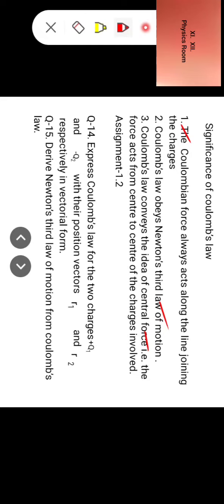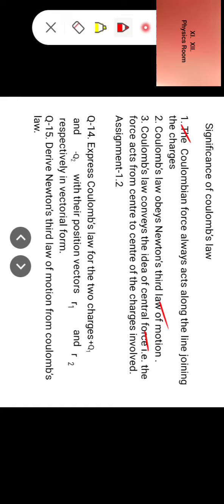These three points you have to mention about the significance of Coulomb's law. I repeat: the Coulombian force always acts along the line joining the charges; Coulomb's law obeys Newton's third law of motion; and Coulomb's law conveys the idea of central force, that is, force acts from center to center of the charges involved.